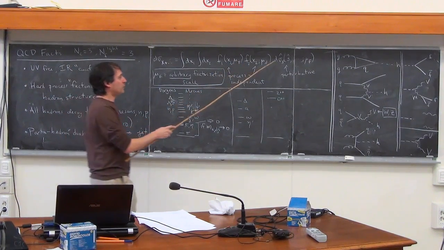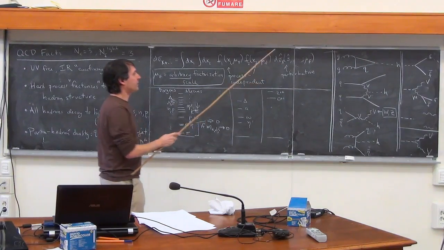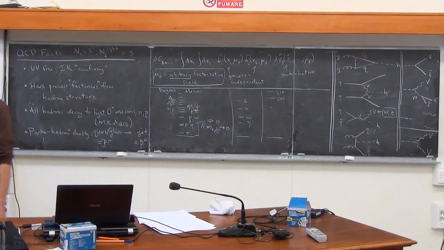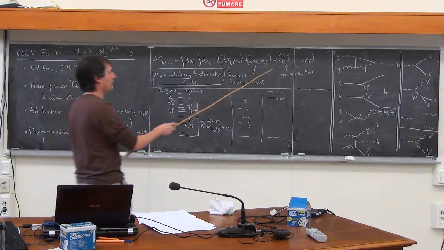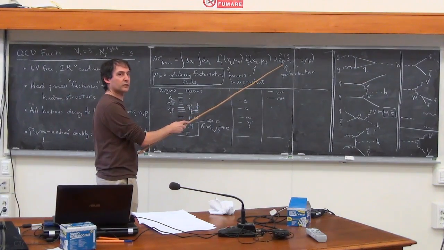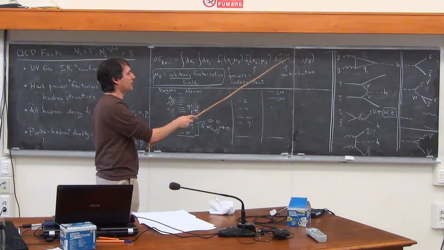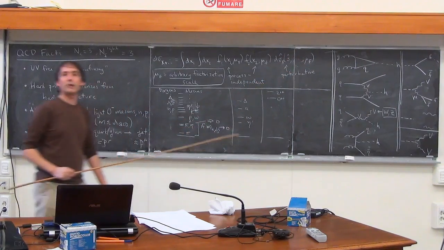And you have to multiply this by the partonic cross-section to produce the final state X at the parton level. And that's a function of the product kinematics and also a function of the factorization scale.